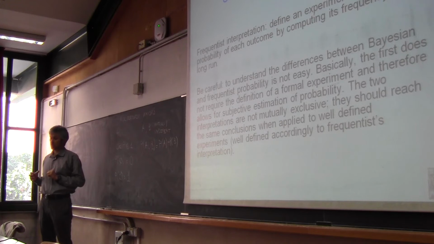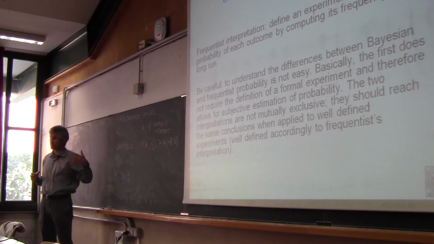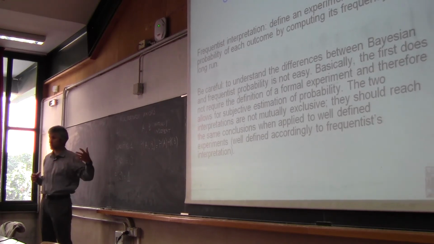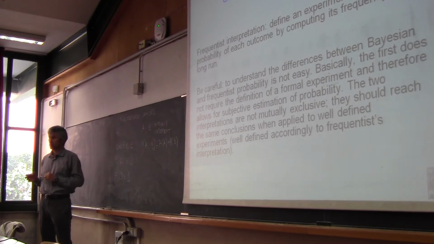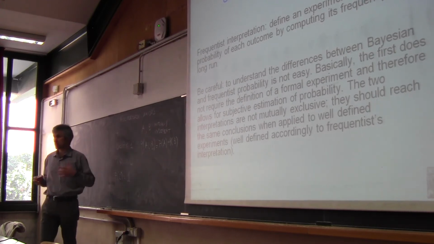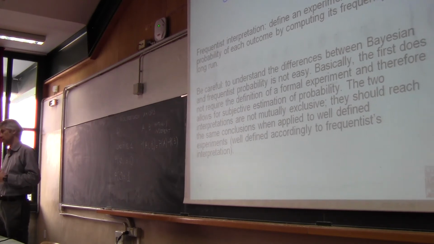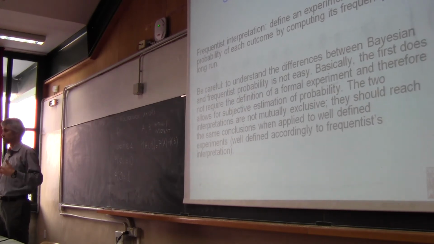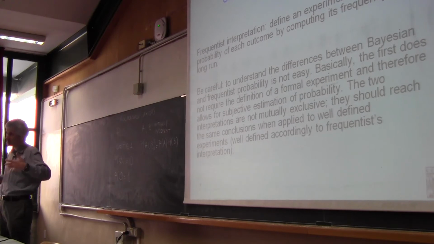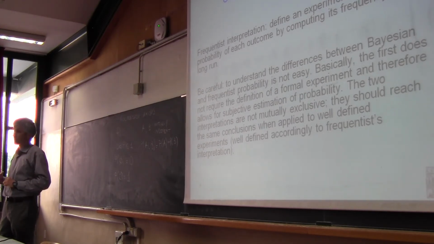And this is what is called Bayesian estimation of probability. You use prior knowledge to elaborate a perceptual estimate, and then if there is the possibility to perform experiments, then you update your prior knowledge.